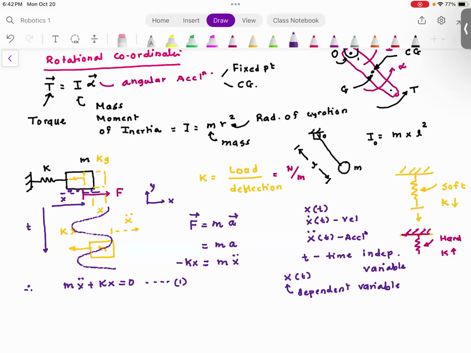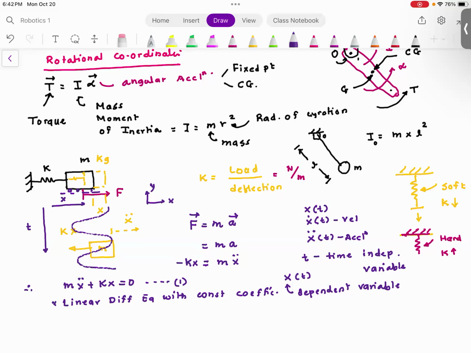There is no square. So this is called a linear differential equation. m is a constant, k is a constant, so this is called a linear differential equation with constant coefficients.